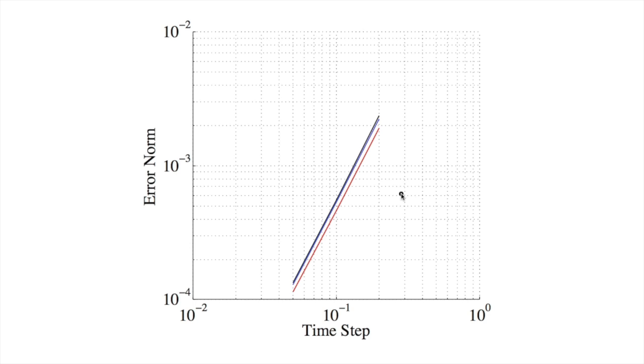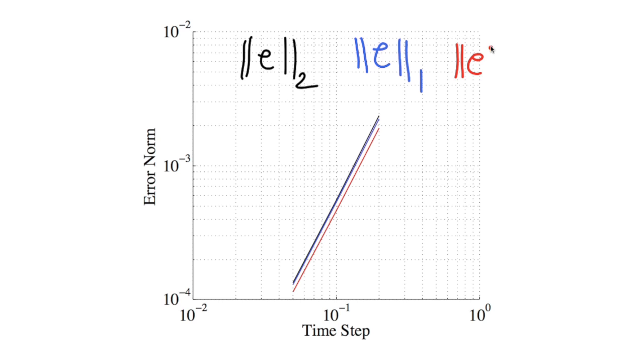So here we are plotting the error that is obtained for the first example using the Euler second order scheme. And remember that the 2 norm of the error is plotted in black, the 1 norm is plotted in blue, and then in red we have the infinity norm of the error. And note the logarithmic axes.